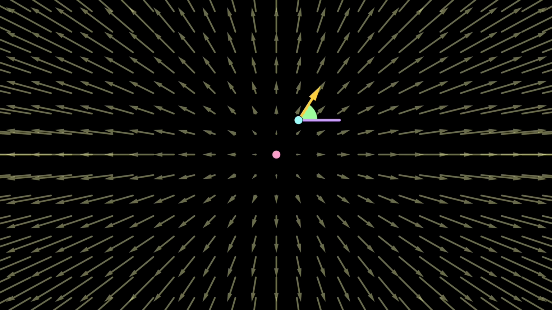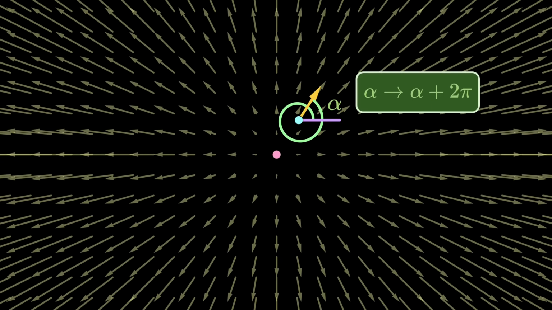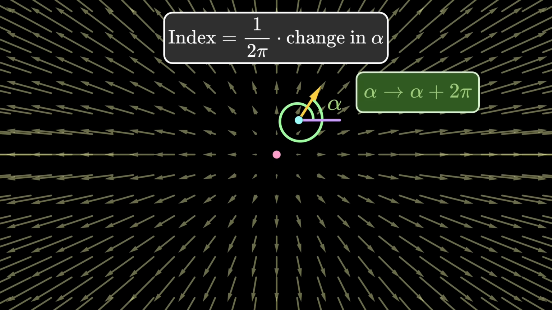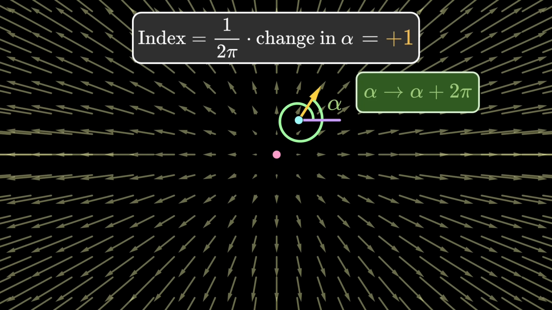However, if we allow ourselves to go beyond the full turn, then this angle can keep increasing continuously. In that case, alpha has increased by 2 pi. We define the index as the change in this angle divided by 2 pi, which is plus 1 in this case, since alpha has increased by 2 pi.